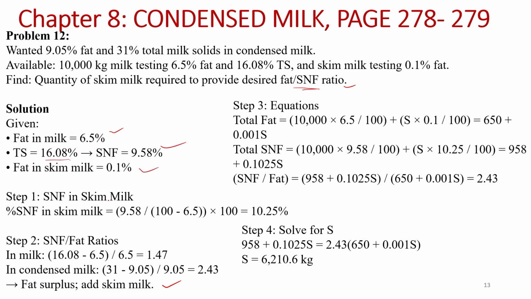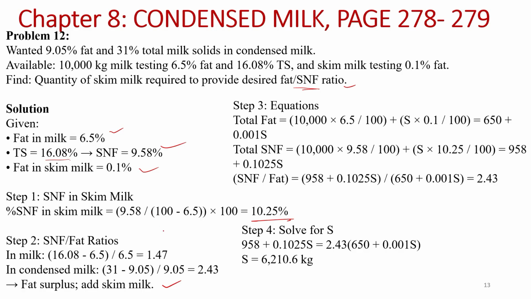So if you calculate the SNF in skim milk: the 9.58 is how much of the skim milk, that is 100 minus 6.5, so the SNF percentage in skim milk comes to 10.25%.